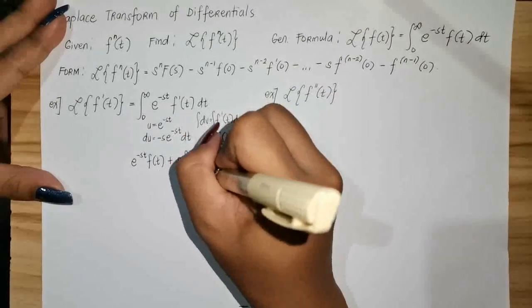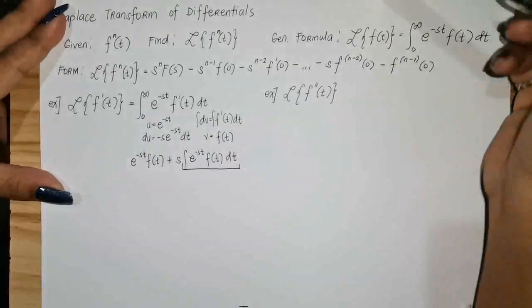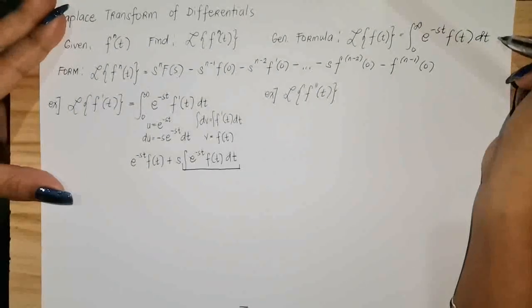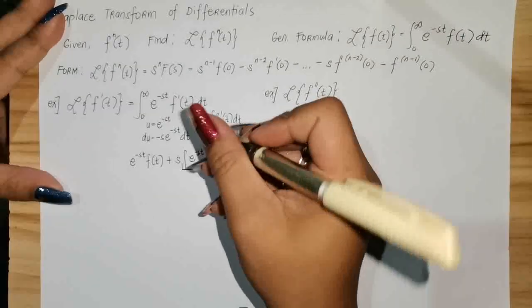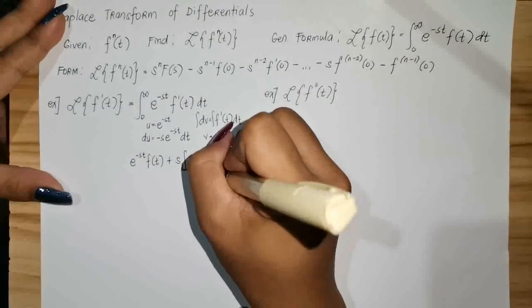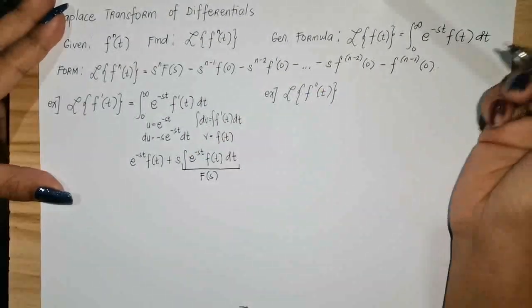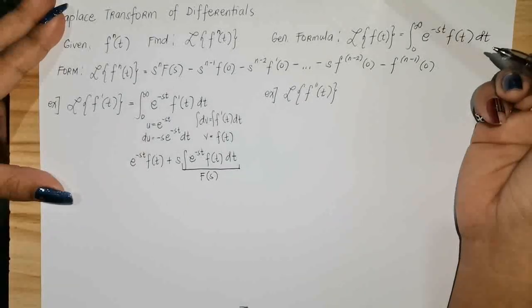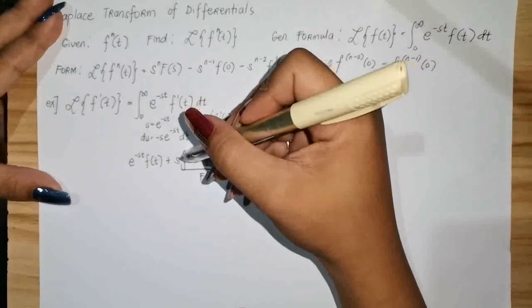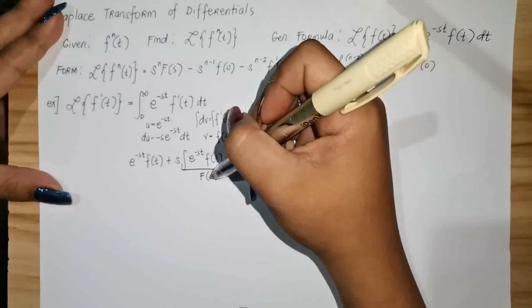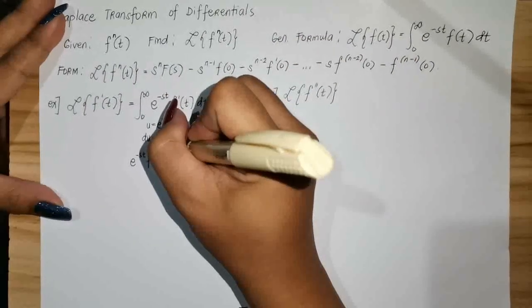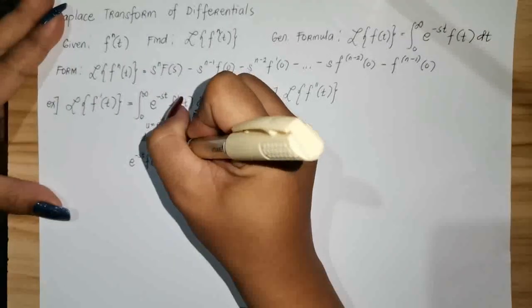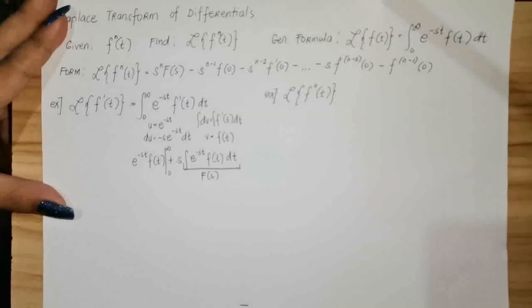Now, this part is the general formula for your Laplace of f of t, wherein the Laplace of f of t is equivalent to F of s, or the big F, an equation of s. So this part will be s F of s. So this, you have to evaluate from 0 to infinity.